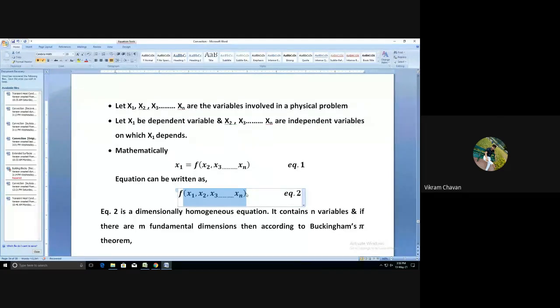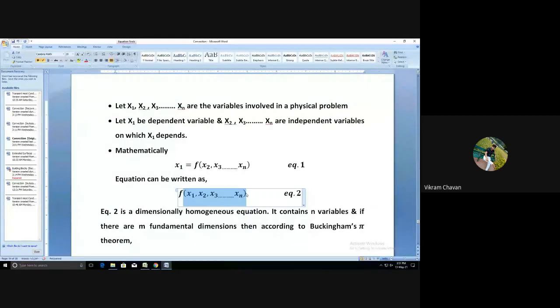That is, we have considered all the dependent and independent variables inside a functionality bracket. So that will be equation number 2.